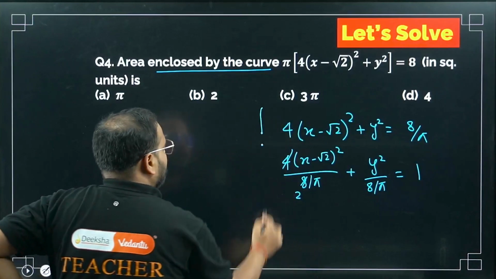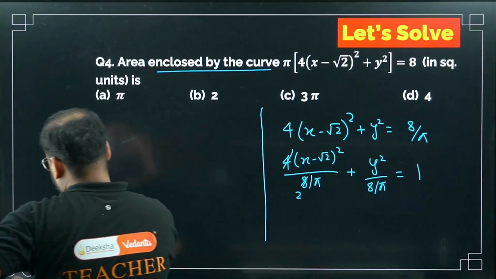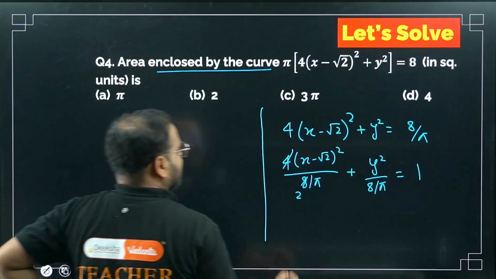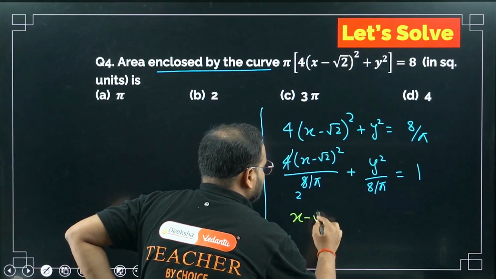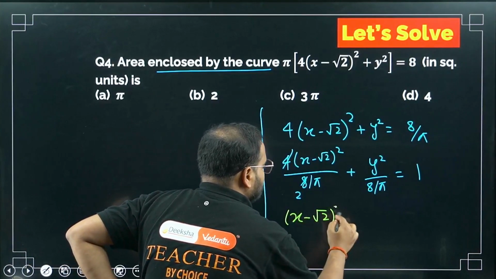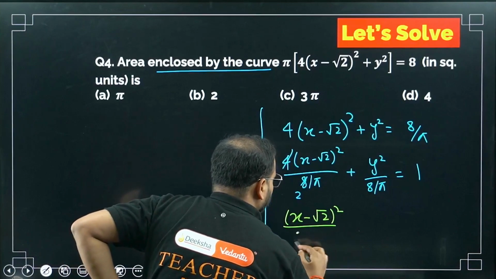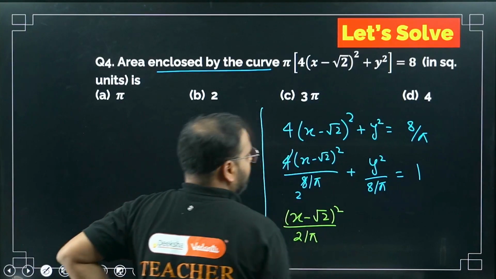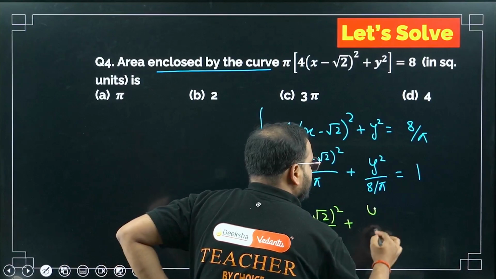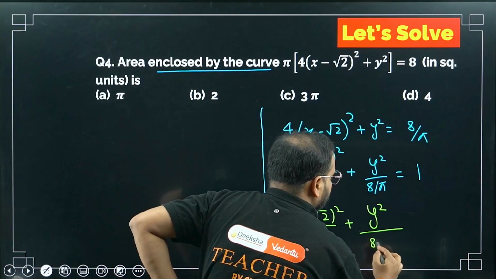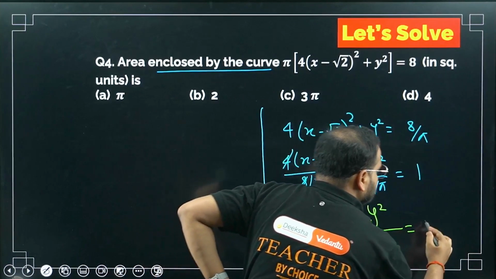So my standard form has become (x minus root 2) the whole square upon 2 by pi, plus y square upon 8 by pi equals 1.